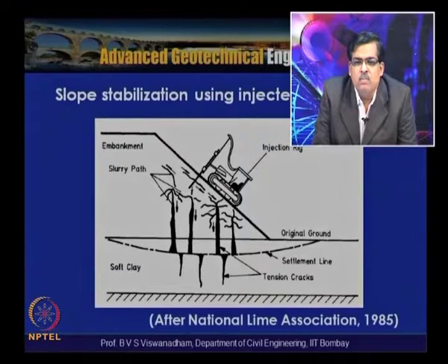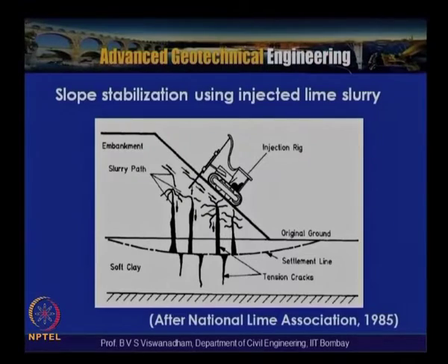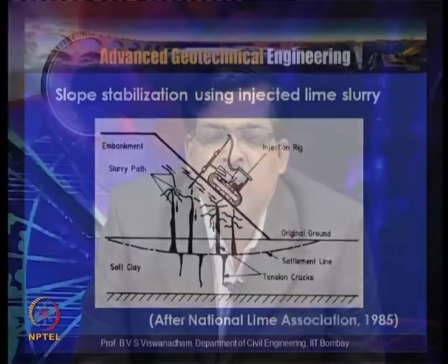This is a popular technique for existing slopes, for example with black cotton soils having low sulfates, and it is an in situ method we can use to enhance the stability of a slope.